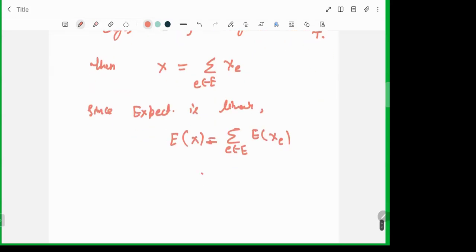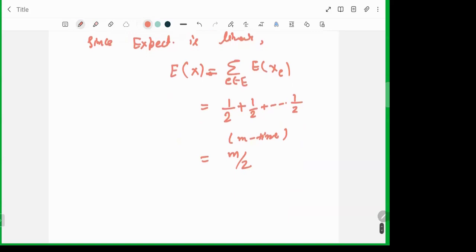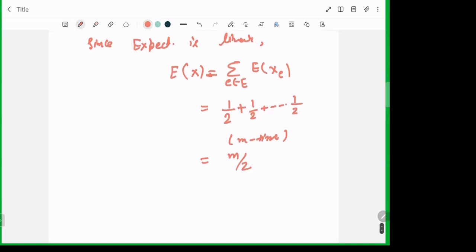This is 1 by 2 for each edge, 1 by 2 plus 1 by 2 plus 1 by 2, m times. So this is m by 2, right? And that's what we need to prove. This is the same thing as the second one, which we have done. So there are at least m by 2 edges, right?